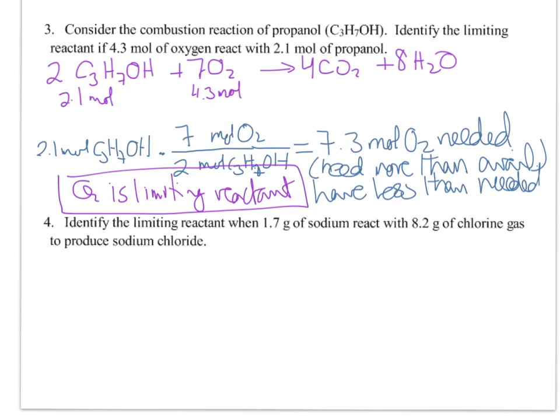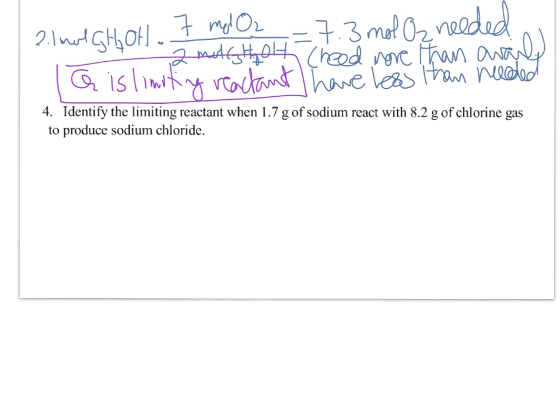Okay, let's try another one. It says identify the limiting reactant when 1.7 grams of sodium react with 8.2 grams of chlorine gas to produce sodium chloride. Again, the first thing you would want to do is write out your reaction. So I have sodium reacting with chlorine to form NaCl.